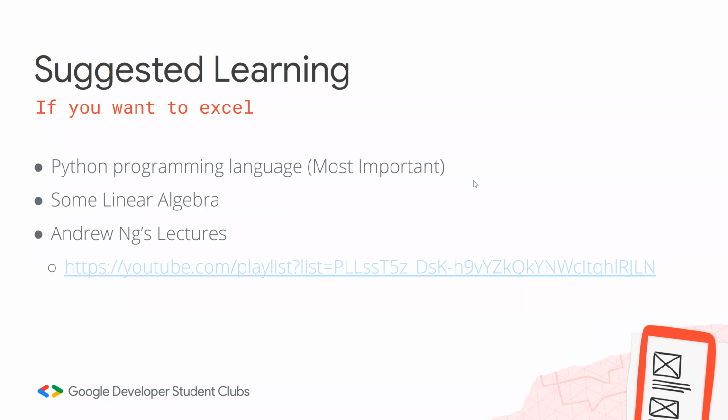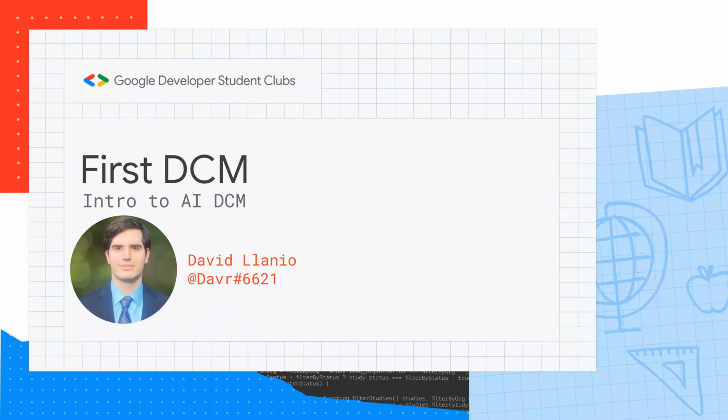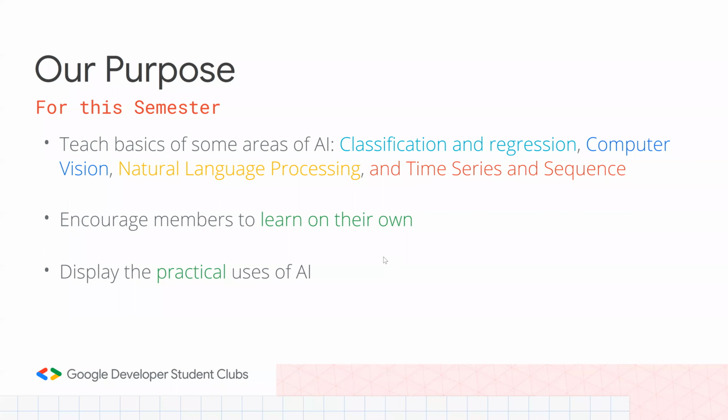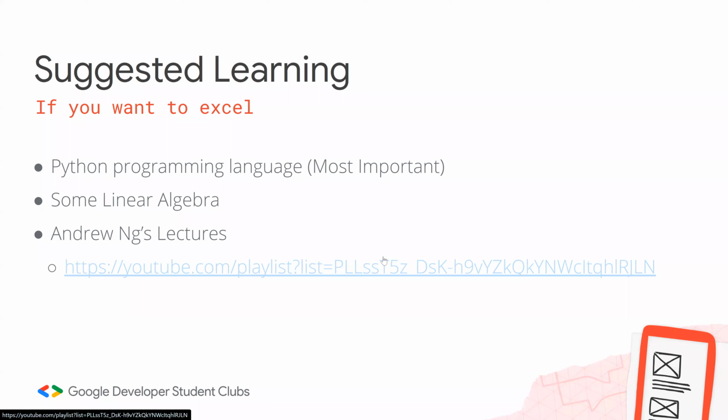So if you do need help on this, I got you. But I would recommend freeCodeCamp. And if you're not really into YouTube videos, there's a couple of Python books that I can send to you. If you DM me on Discord, use my username, I'll definitely send those to you.